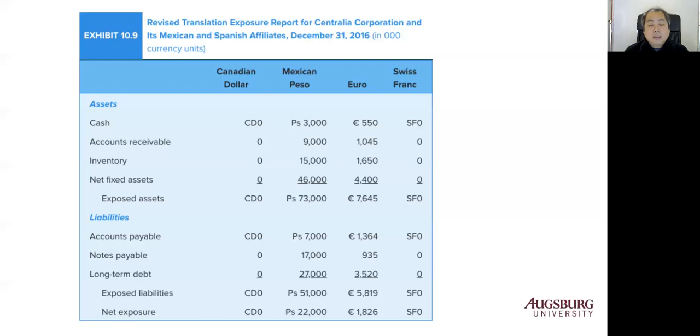This table actually shows that. There are no longer translation exposures associated with the Canadian dollar or the Swiss franc, because you see there's no exposed amount in Swiss franc and Canadian dollar.